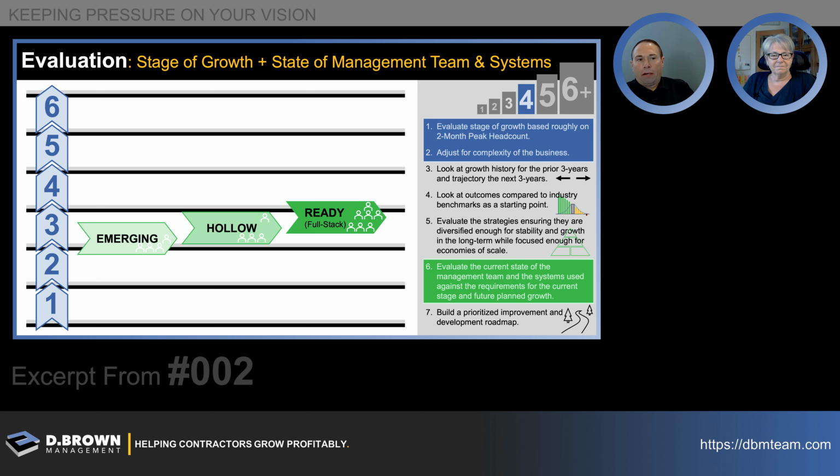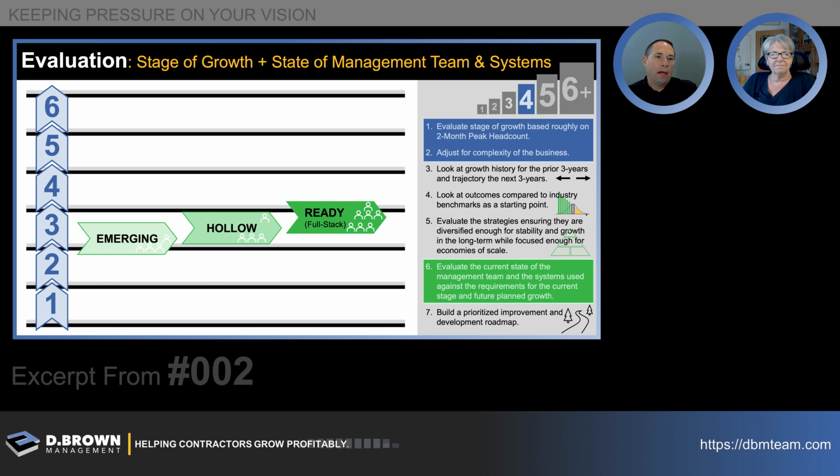We also have contractors in the 5, 6, 700 person range that serve a single rapidly growing market, so the complexity of the business requirement is far less. So you have to make some adjustments for complexity. But in any case, headcount definitely plays a role, and complexity is an adjustment factor, maybe up one, down one.